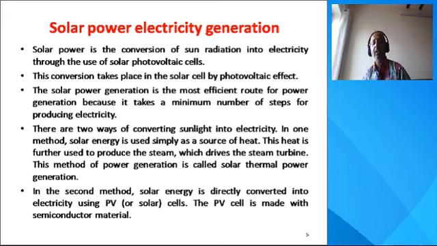In the second method, the solar energy is directly converted into electricity using solar cells or the PV cells. These PV cells are made of semiconductor materials.